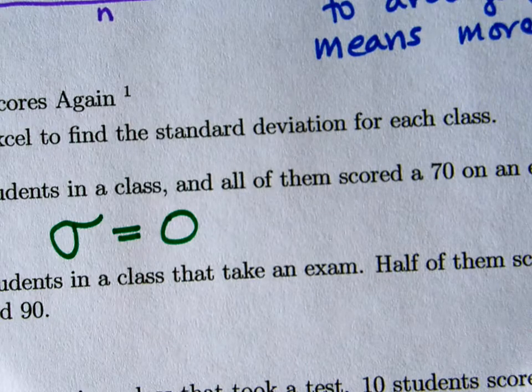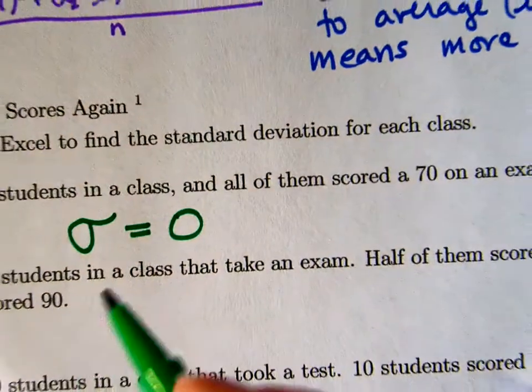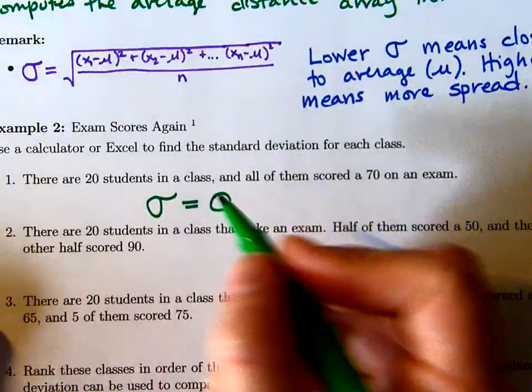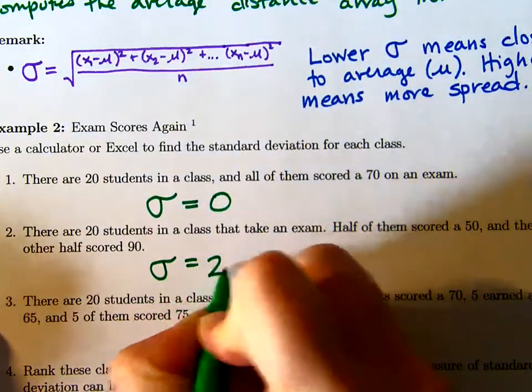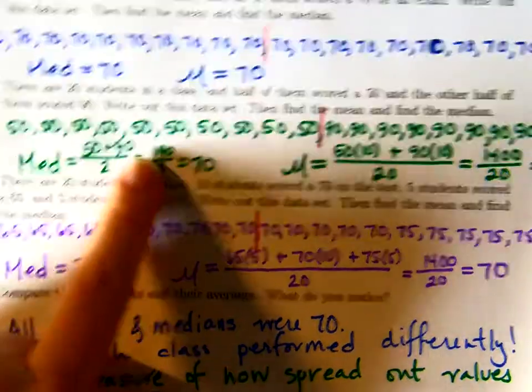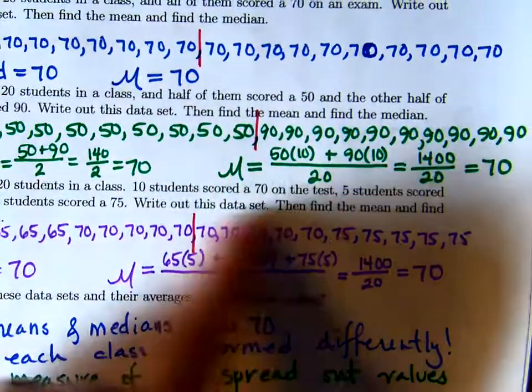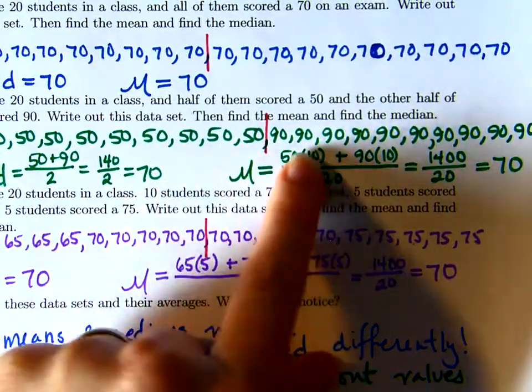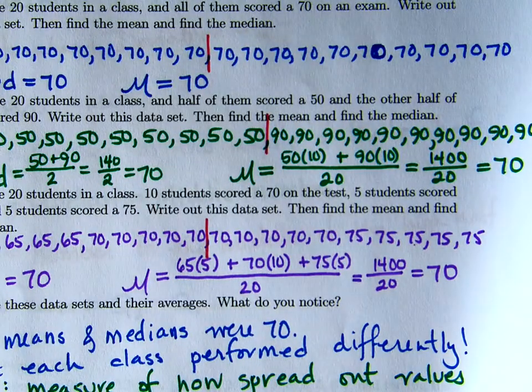So for the second class, the average distance, let's take a peek at that. So looking back over here, 50s, 90s, the average was a 70. The average distance to the mean is 20 points away.